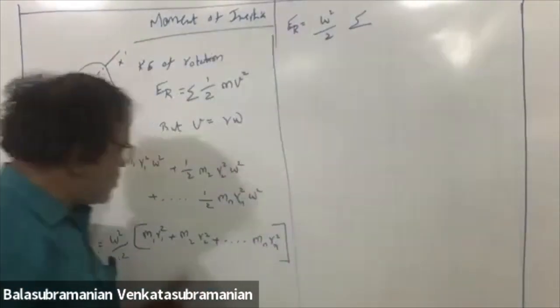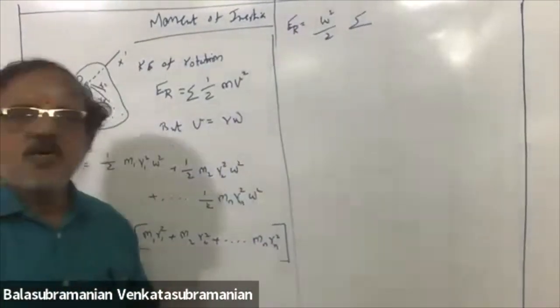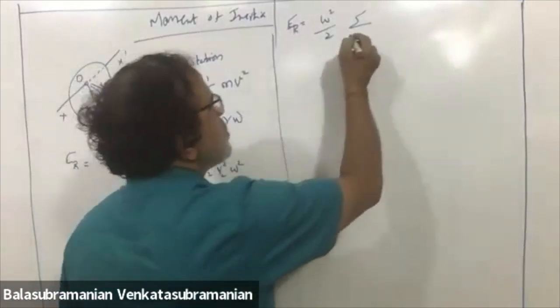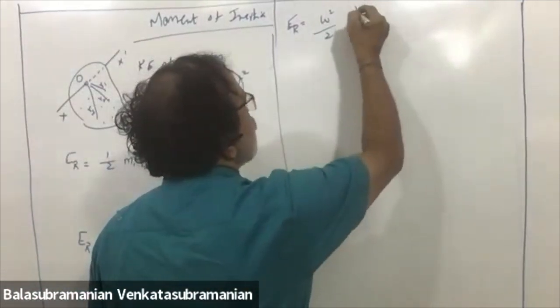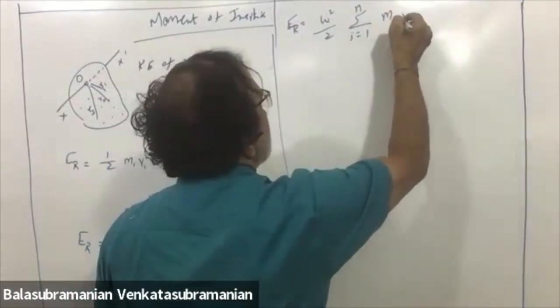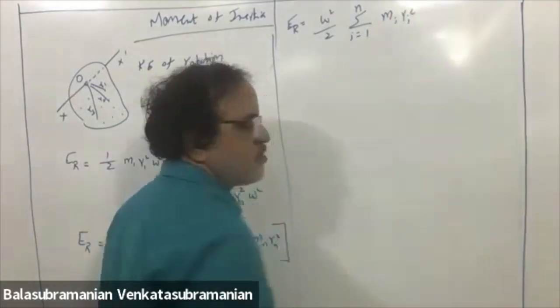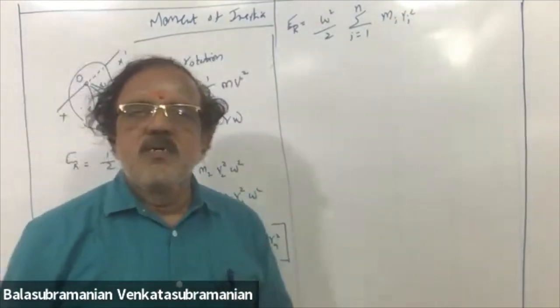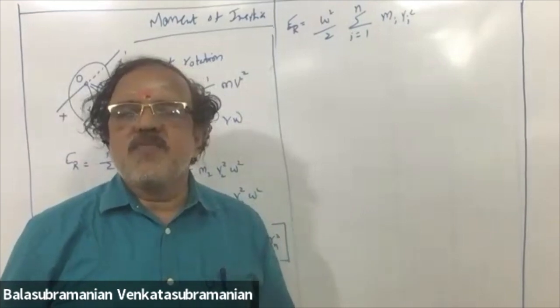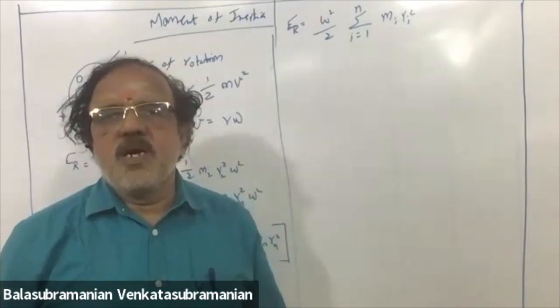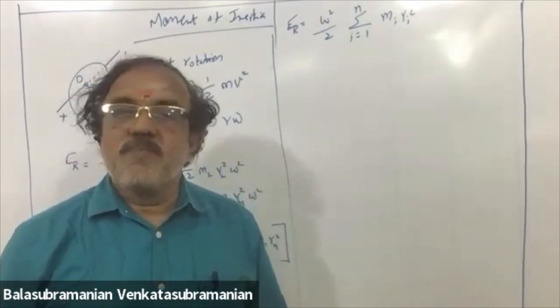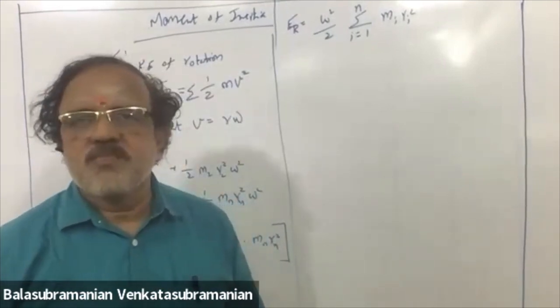This is a summation series, where i ranges from 1 to n, mi ri square. r is the distance of the particular particle of the rigid body from the axis of rotation.